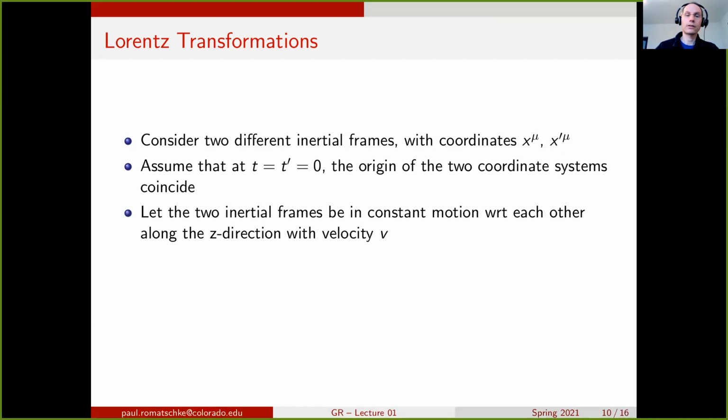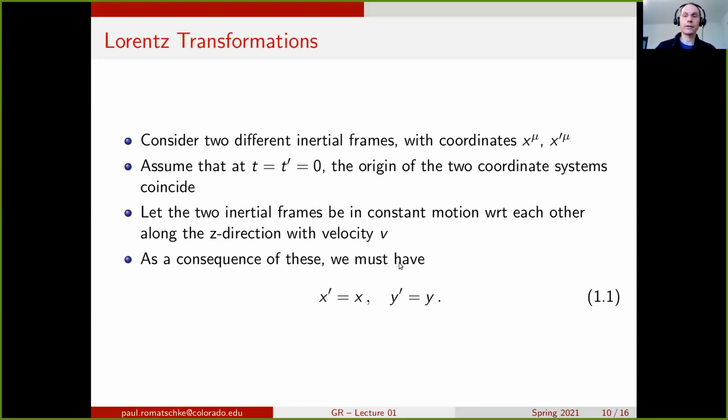And if we then consider that these two frames are moving with a relative constant velocity v in the z direction, then because there's no movement in directions x and y, we find that the coordinates between these two systems, x and x prime, must be related such that the two coordinates in which there is no movement, x and y, are unchanged. So x prime and y prime must be equal to their corresponding unprimed coordinates.